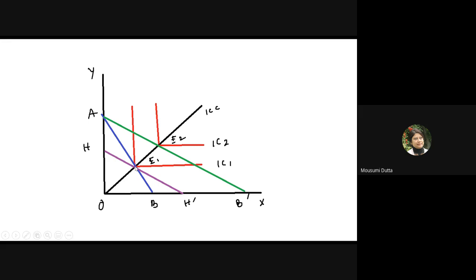However, here the curve is not a smooth one. So HH prime again meets the indifference curve at E1. In general, if the IC is convex and negatively sloped, it will touch the IC at a different point. Here, it will pass through the same point E1.